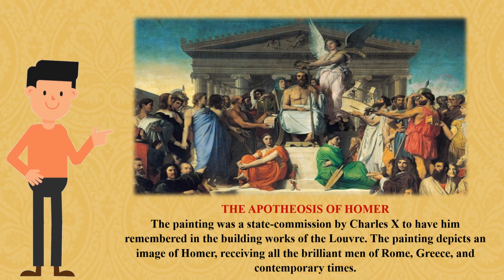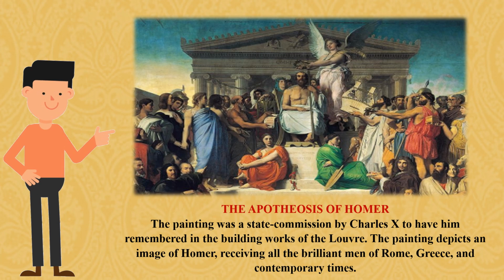The painting was state commissioned by Charles X to have him remembered in the building works of the Louvre. The painting depicts an image of Homer receiving all the brilliant men of Rome, Greece, and contemporary times.